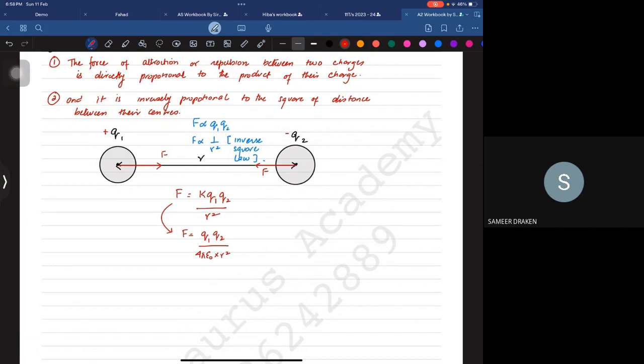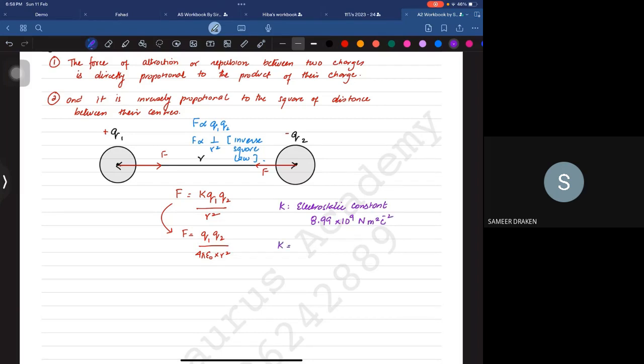Now please understand that this K that I'm talking about is called the electrostatic constant. It is not a real constant, it is just derived from 4 pi epsilon. Its value is 8.99 times 10 raised to 9 newton meter square coulombs minus 2.